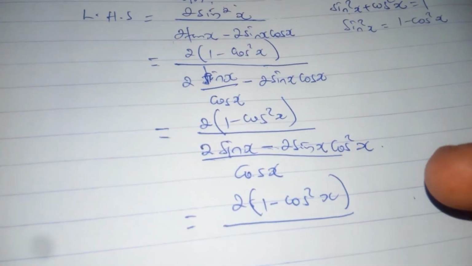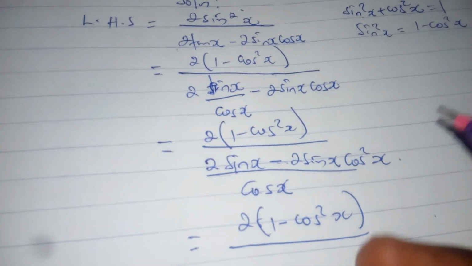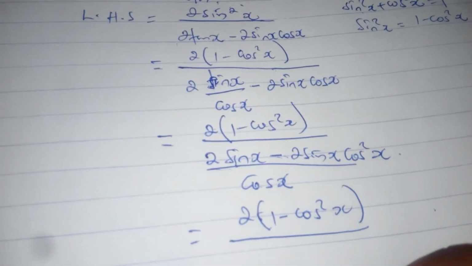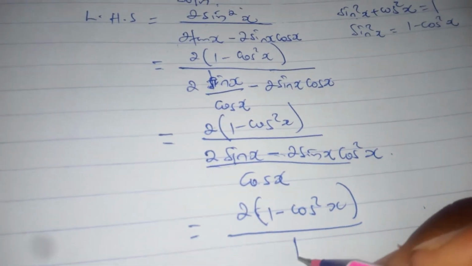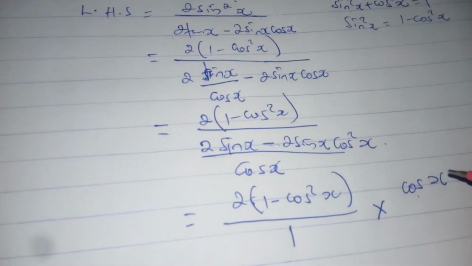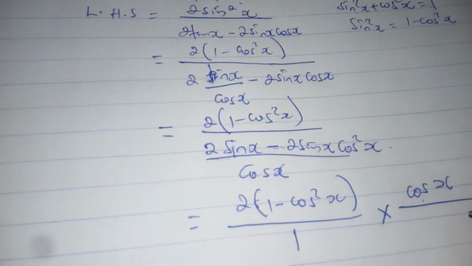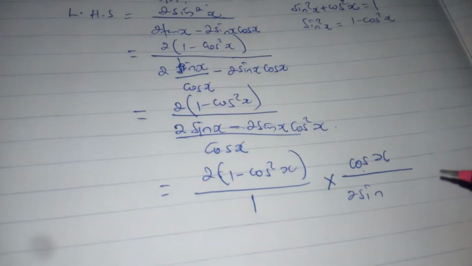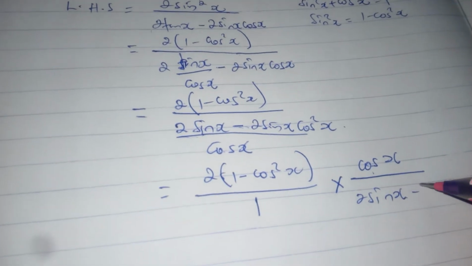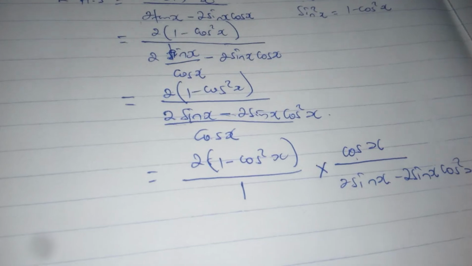Since it's a fraction, we can flip it by multiplying by the reciprocal. So we are going to have 1 times cos x out of 2 sine x minus 2 sine x cos squared x.